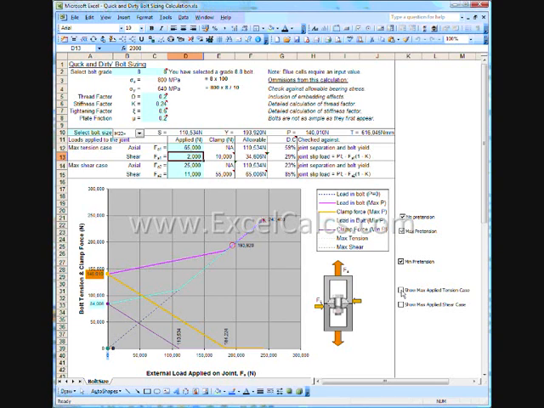So I'm going to pop on this first case now. I'm going to draw it onto the diagram, and we can see what happens here. This is the external load, 65 kilonewtons, corresponding to this value here, and we can read off the maximum tension that we'll see in the bolt. If we were doing a detailed stress analysis of the bolt itself, the worst case for the bolt, the maximum tension case, would be in fact this point here.